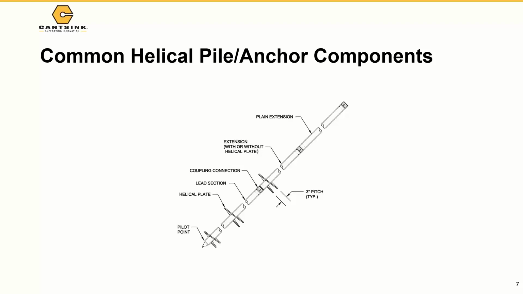Here at Cantsink, we also have 16-inch and 19-inch helices approved by ICC-ES, and our ICC-ES report number is 1559. Sometimes we need more area, and that's why we decided to include the 16 and 19-inch helices in our ICC-ES report.